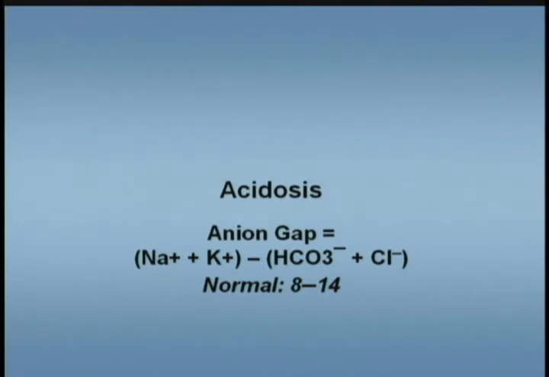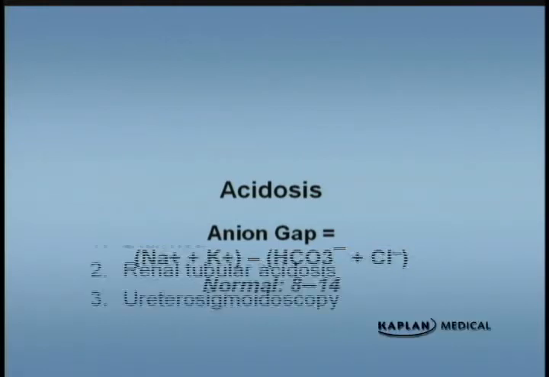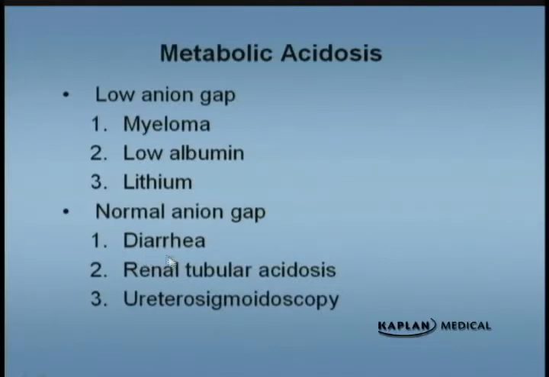Well, the only two acidoses with a normal anion gap is diarrhea and renal tubular acidosis. So if you have an increased anion gap, it's mostly there's something that's been put into you that wasn't there before.